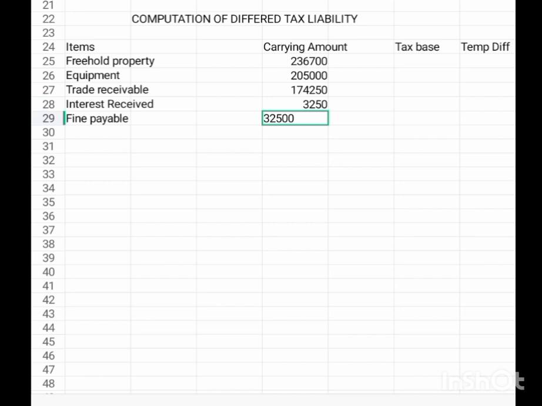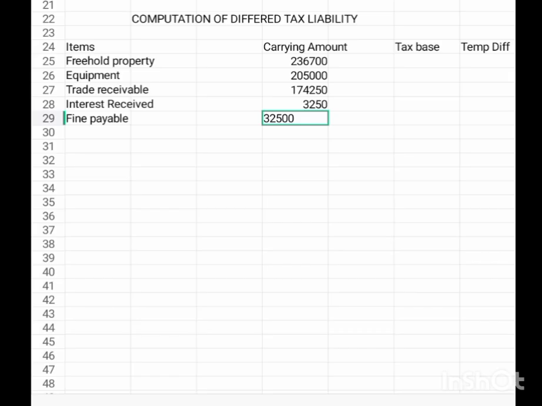Their carrying amount is as stated because it has been capitalized, and we say that temporary difference is the difference between the carrying amount of an asset and its tax base. We already have the carrying amount of those assets, but if it is an expense, you don't need to bring it here, because temporary difference is not the difference between the amount of an expense and the tax base.